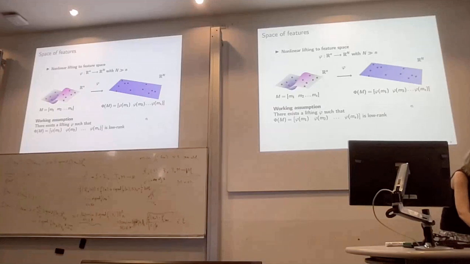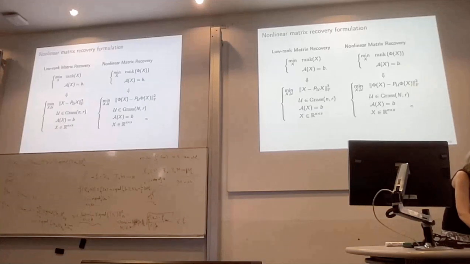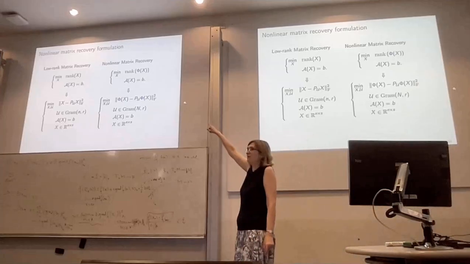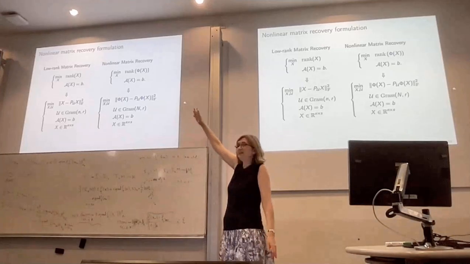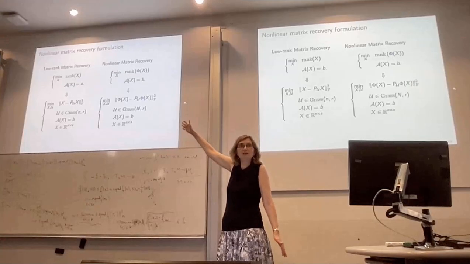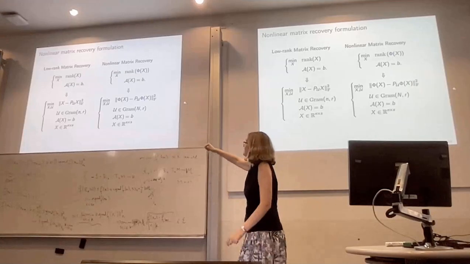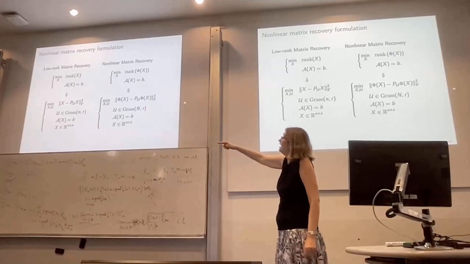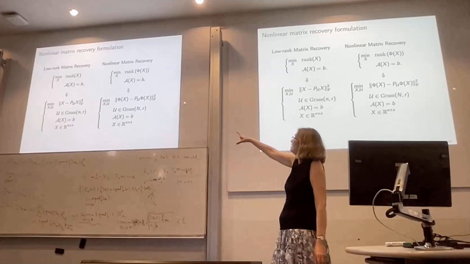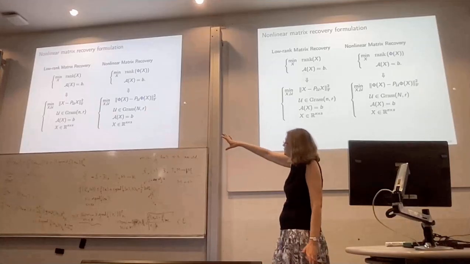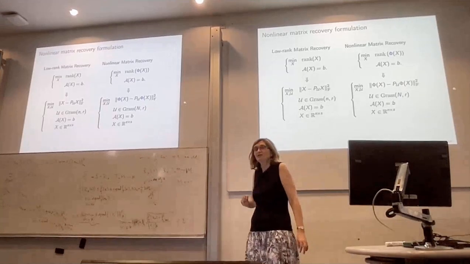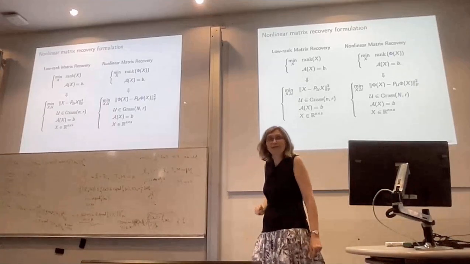Okay. So let me tell you that all I do then, where phi is my feature map, on the left column was my linear low rank matrix recovery when M is just low rank as it is. With the Riemannian formulation, what we proposed here was to do that, but of course X becomes phi of X. Phi of X is my feature map.